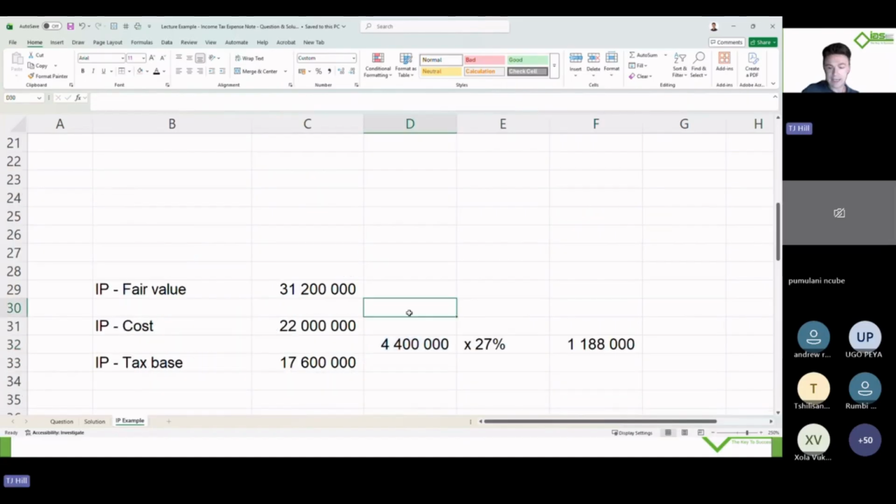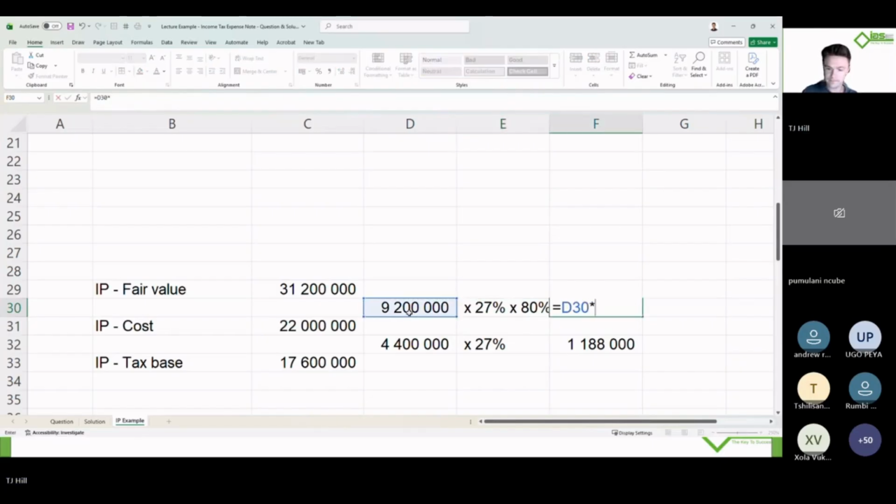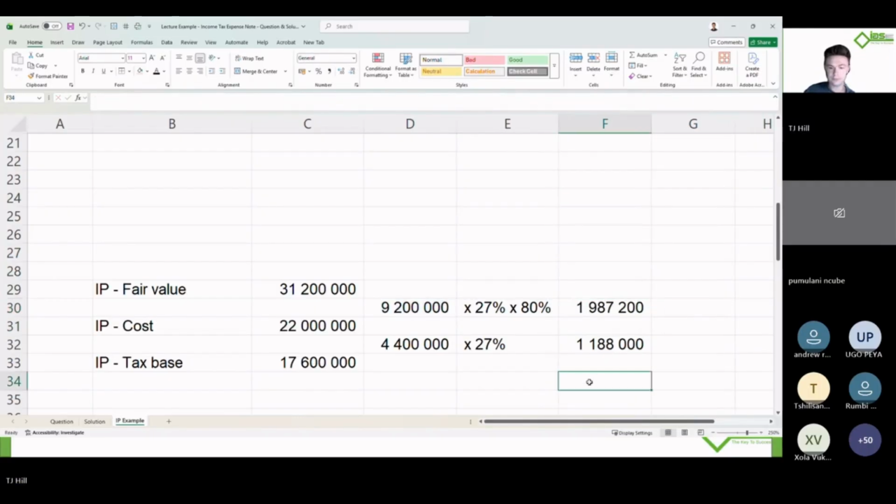Okay. And then a capital gain will be taxed at 27% times 80%. Do you agree? Which gives me my DT liability. Are you with me?